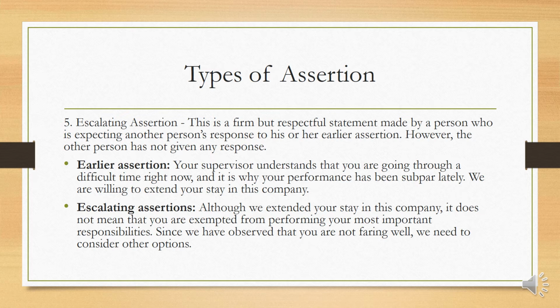Since we have observed that you are not faring well, we need to consider other options. So, as you can observe, the escalating assertion is expecting another person's response to his or her earlier assertion.